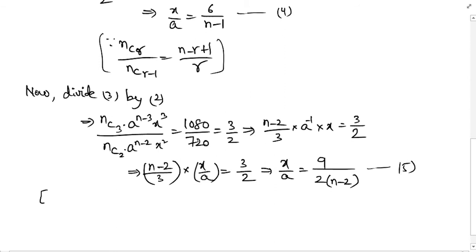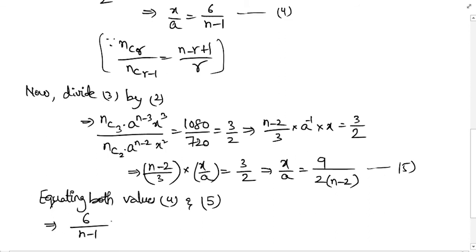Now what we'll do is equate both values, that is 4 and 5. What do we get? 6/(n-1) is equal to 9 divided by 2(n-2).